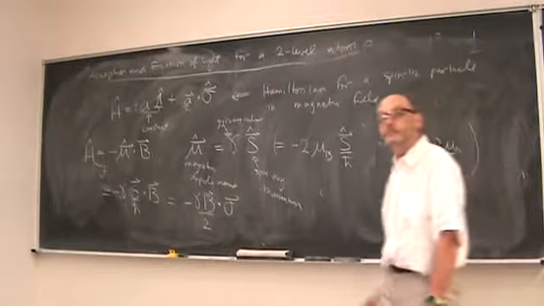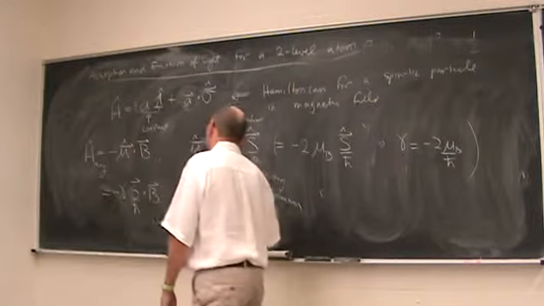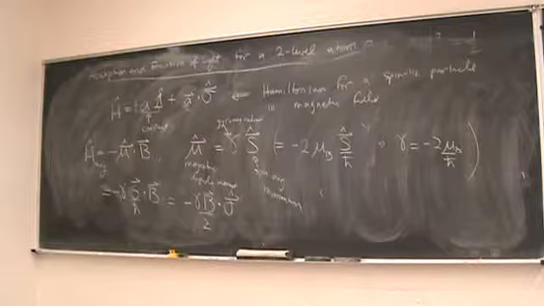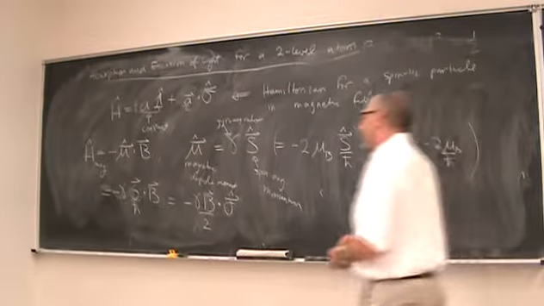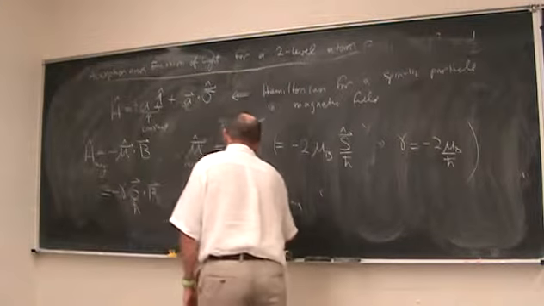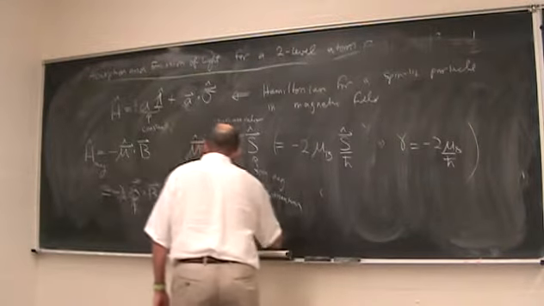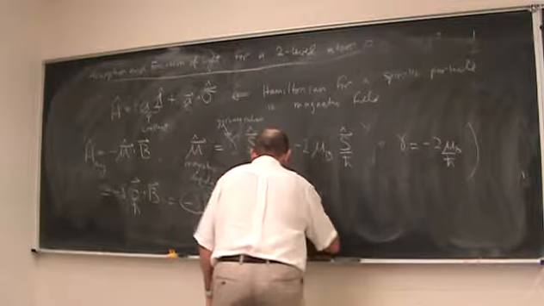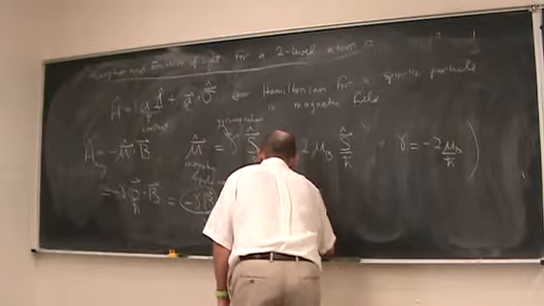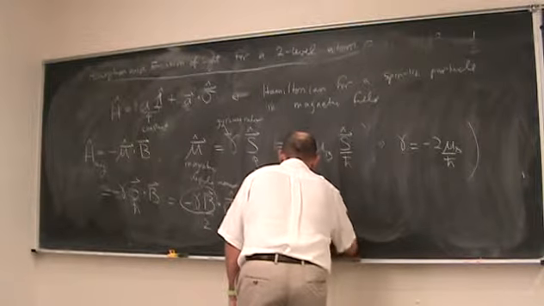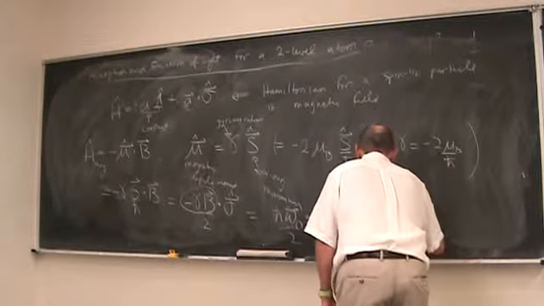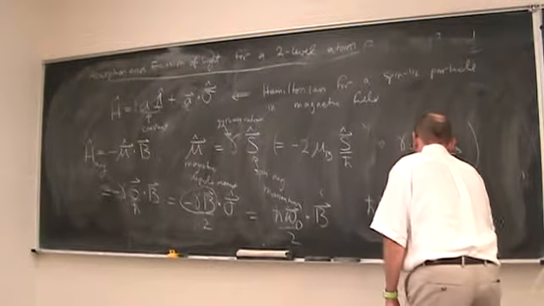Right? Rewriting the Pauli operators. Okay. This is an energy, so this has the units of energy. I'm going to call this thing here h bar omega naught. So h bar omega naught is minus gamma.